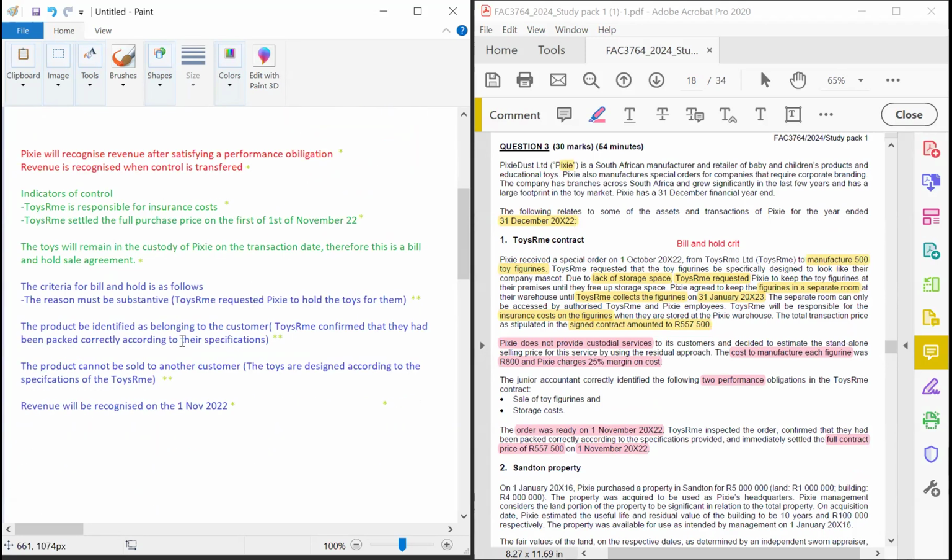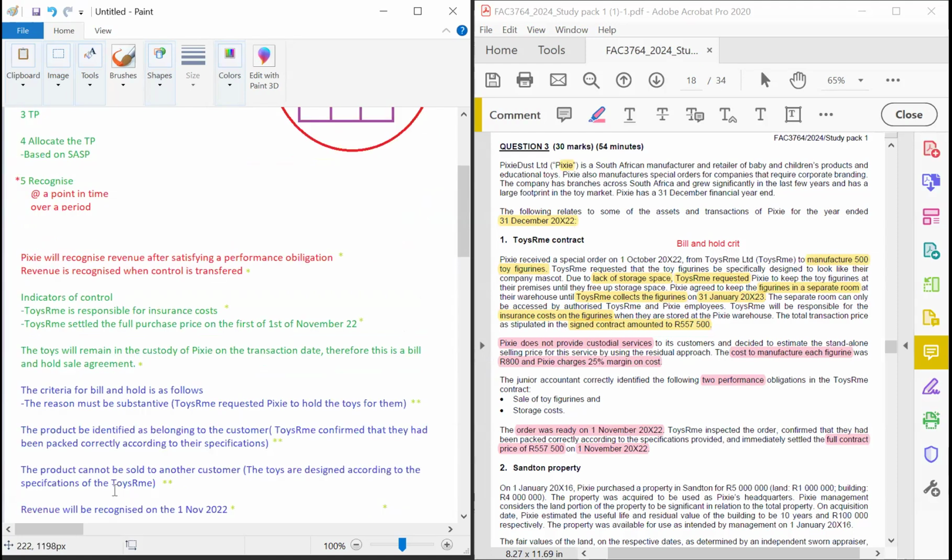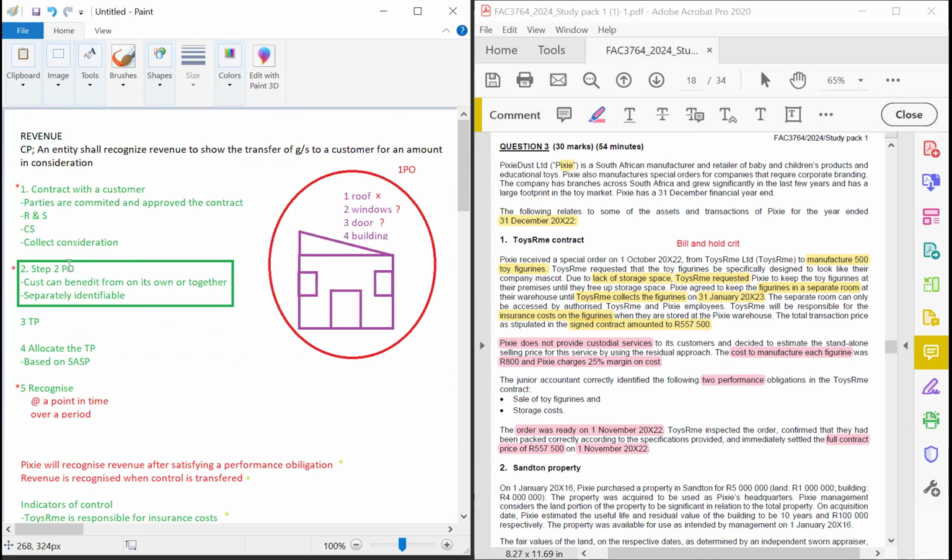So now, revenue will be recognized on the 1st of November 2022. Essentially, we have dealt with step 5. Revenue will be recognized at a point in time, so the 1st of November 2022 is the point in time, right? The performance obligations we don't need to identify, as they had been provided for us, so step 2 we did not need to do.